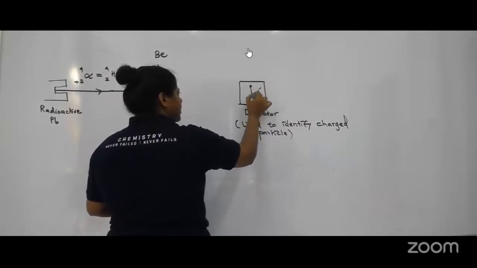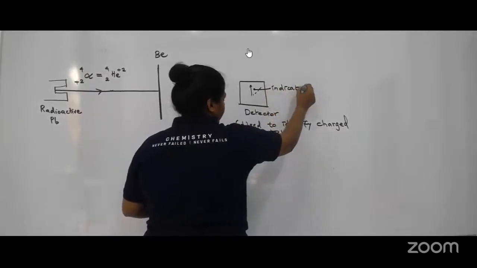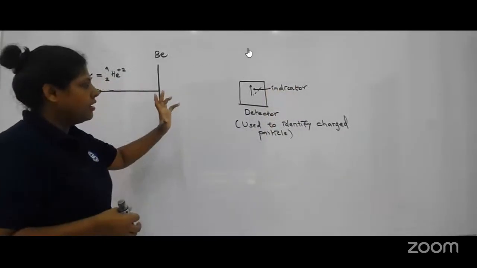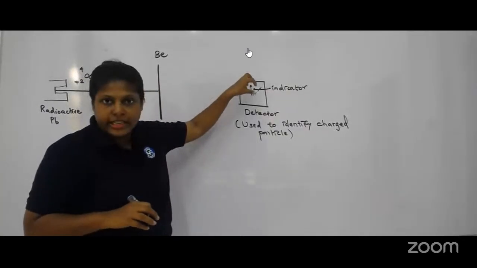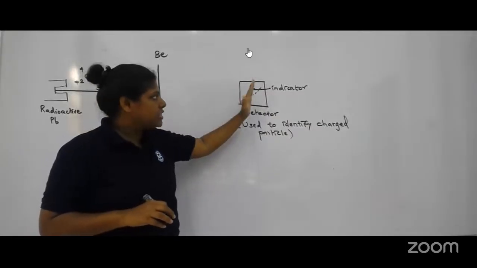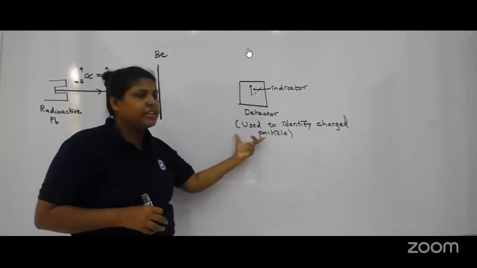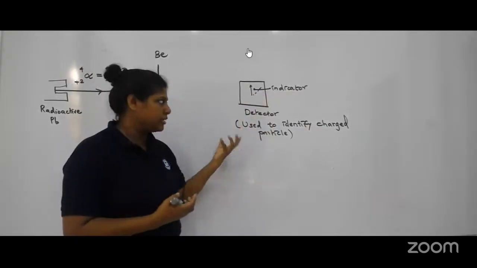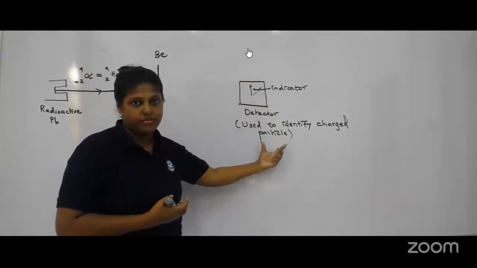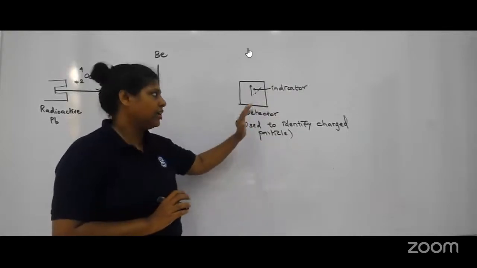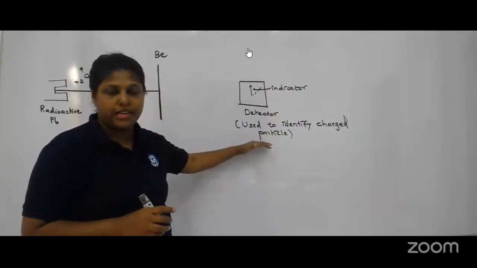It has an arrow called the indicator. When a charged particle falls onto the detector, the indicator of the detector rotates to either the right or left side, which means the particle that has fallen onto the detector has a charge. So this is the detector, used to identify charged particles.